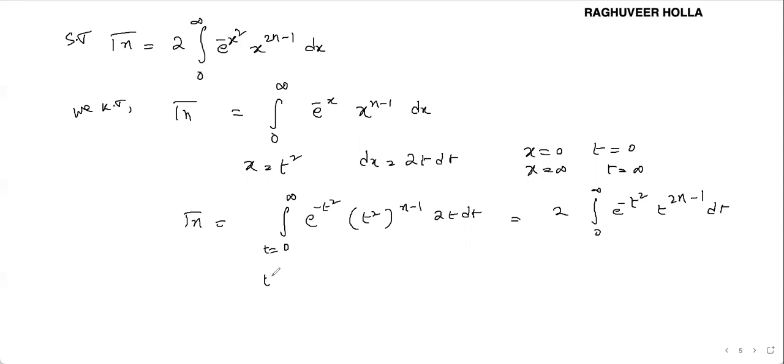Okay, let us change t to x. So gamma n will be 2 times the integral 0 to infinity e to the power of minus x square, x to the power of 2n minus 1 dx.